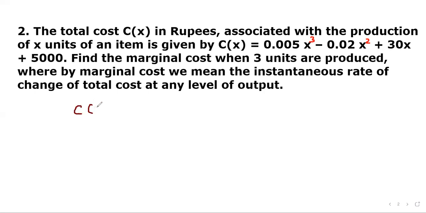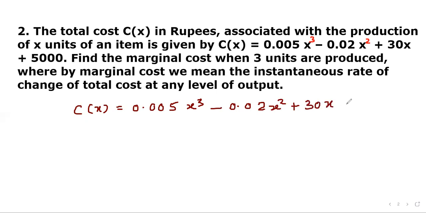So we are given C(x), which is equal to 0.005 times x cube minus 0.02 x square plus 30x plus 5,000. Now we have to find out the marginal cost.